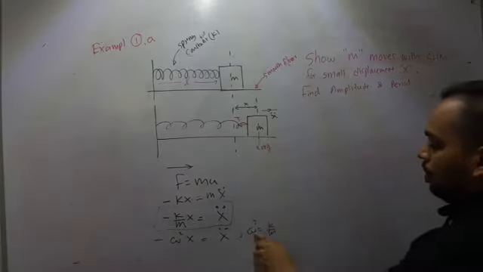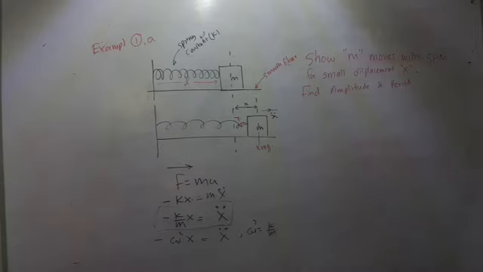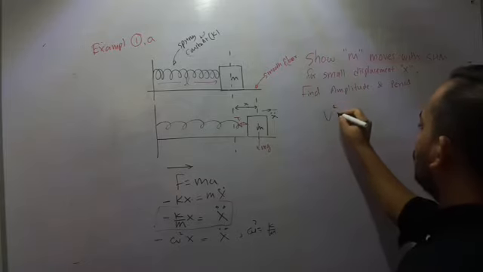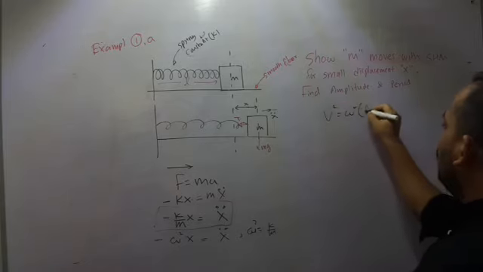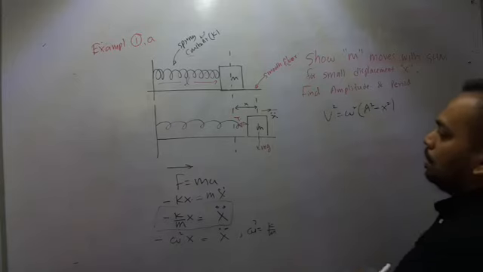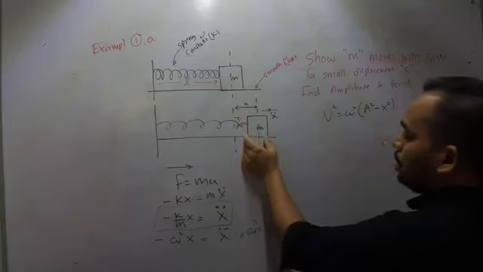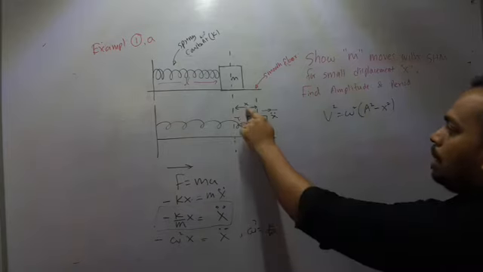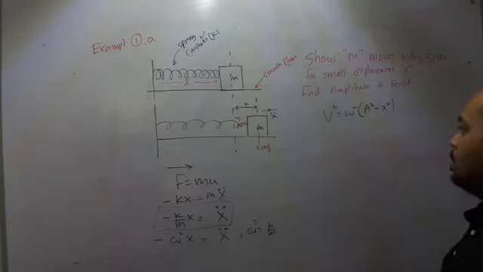Now we have figured out omega. So now we have to find the amplitude of this simple harmonic motion. For the amplitude we use v squared equals omega squared times a squared minus x squared. So we know that obviously when it is released from rest, then this position would be the amplitude. That means x should be the amplitude in this case.